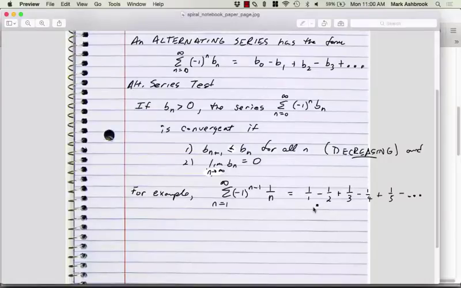So how is it that this one converges, but just the plain harmonic series doesn't? What's happening here that makes this converge? We're subtracting more than we're adding. It's not about more or less.